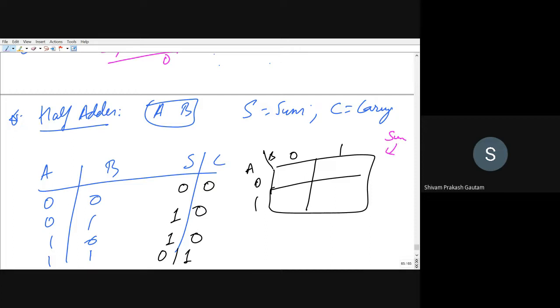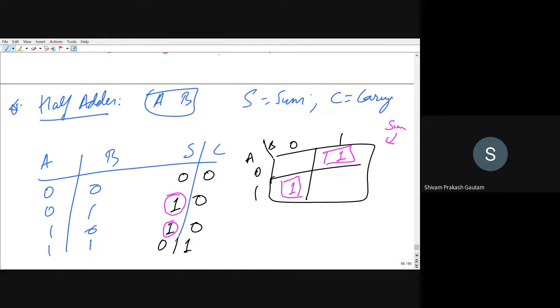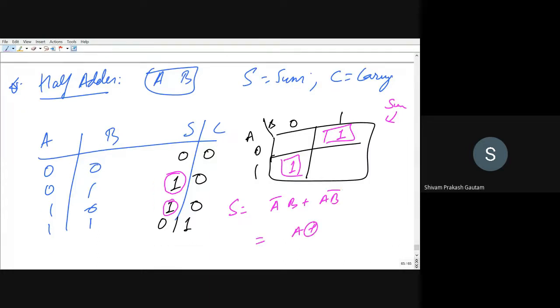Sum is 1 at 0 1, which is this, and another one is present at 1 0, which is this. Now if you want to group it, both are independent cells, so you can group it like this, right? So sum you can write as A bar B plus A B bar. This is nothing but A XOR B. Just let me know if up to this point it is clear or not.